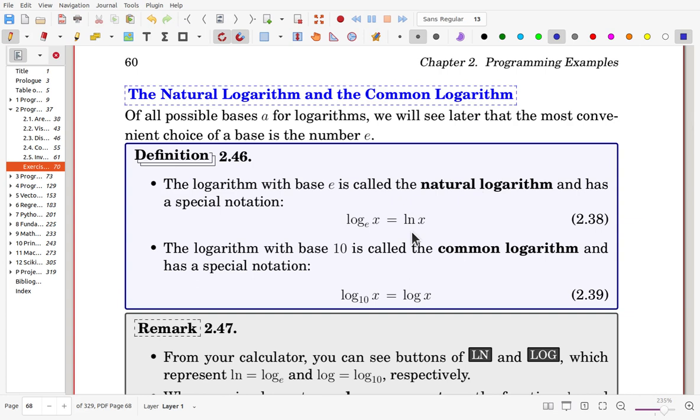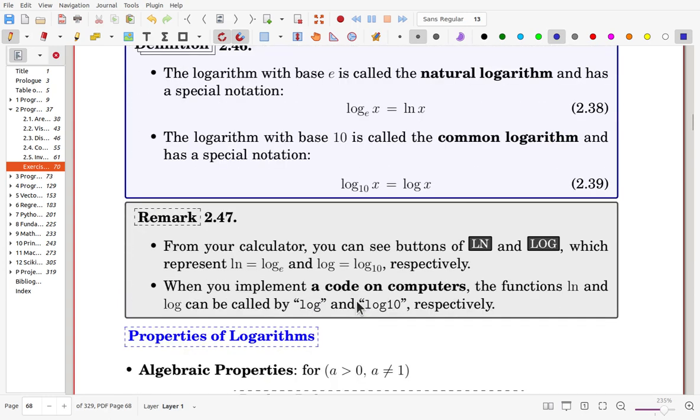Once the base is 10, then it's called the common logarithm, and we discard the base 10. But once you see this in a mathematical formula, you have to understand that as the common logarithm.